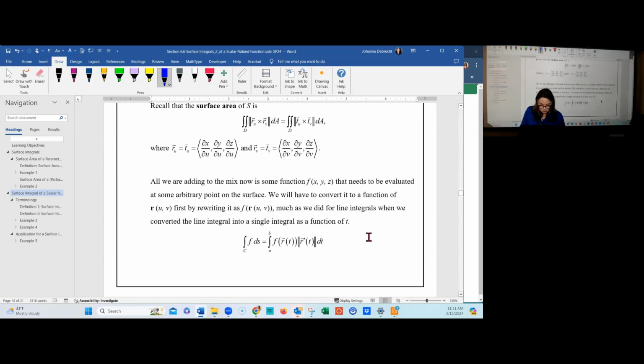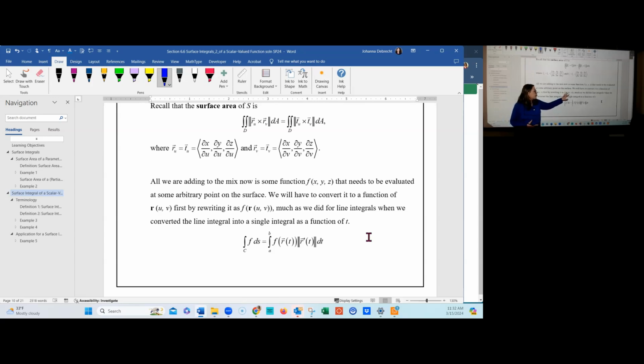Now we're going to add in some function that needs to be evaluated across the surface. So we'll have to convert our function from being a function of x, y, and z to being a function of our parameterization of the surface.